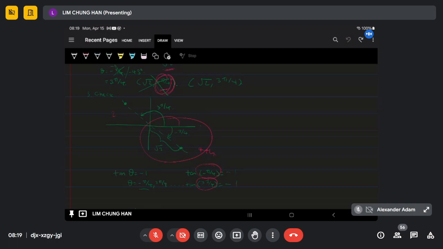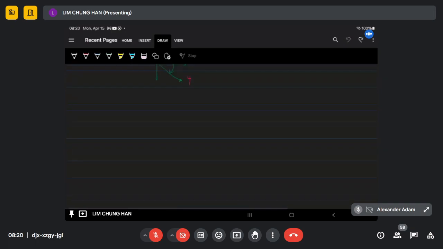At the same time, we can also plot the whole function of polar coordinates. But before we do that, I'm going to teach you some shortcuts that you can apply when you are doing the plotting.